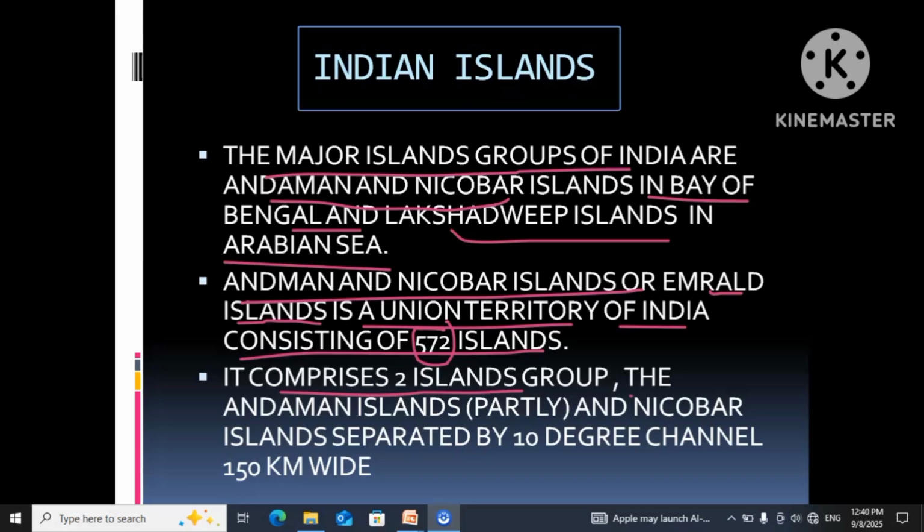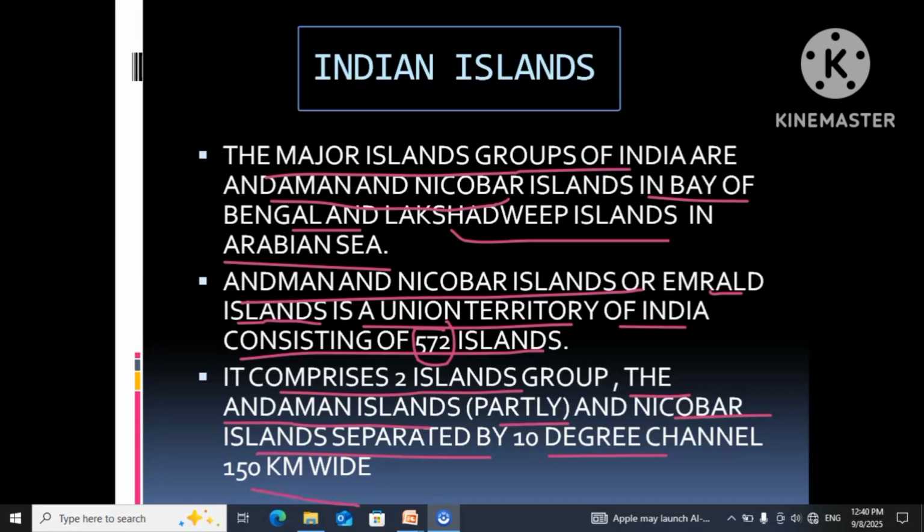The Andaman group is one, and the other is the Nicobar Islands, separated by the 10-degree channel. We have already discussed this while studying water bodies, where we study various straits, bays, and channels like the 8-degree, 9-degree, and 10-degree channels.